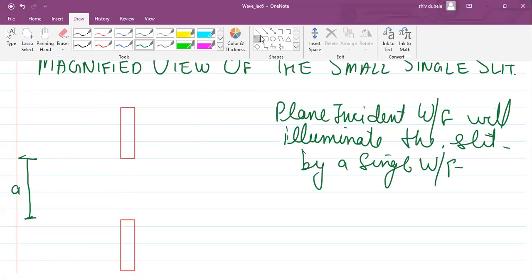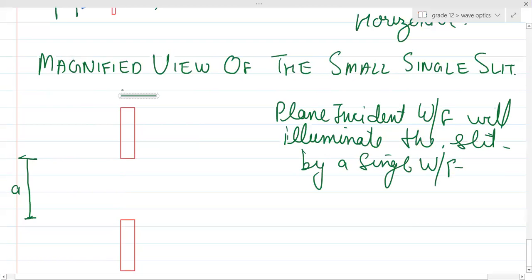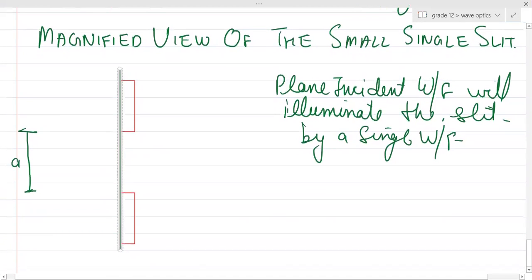Let me draw it. This is the wavefront which gets illuminated, right?